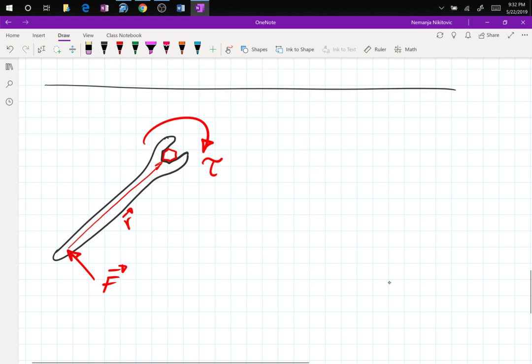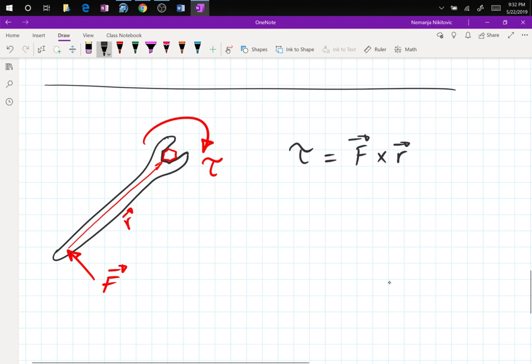Torque is equal to force cross radius. And that calculates the torque.